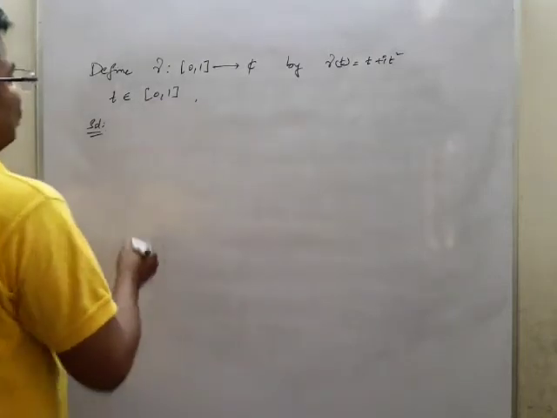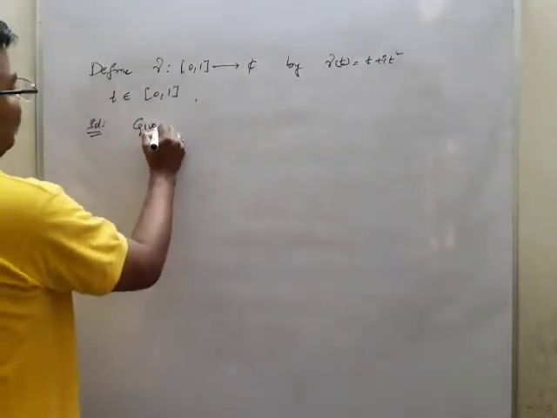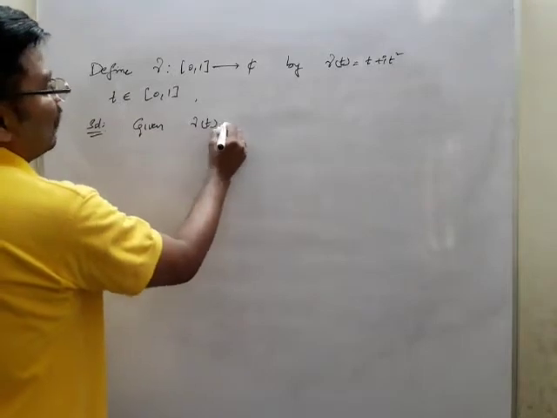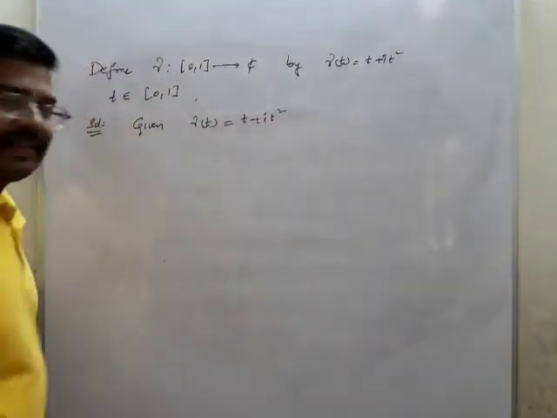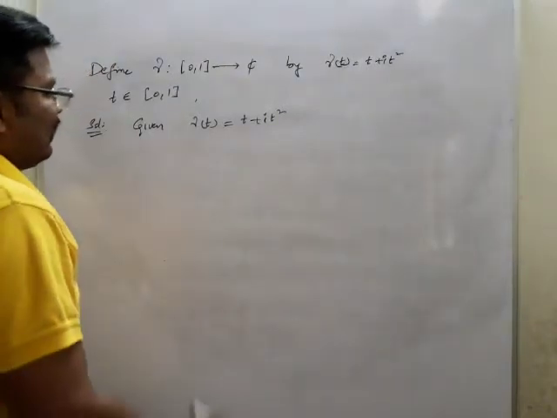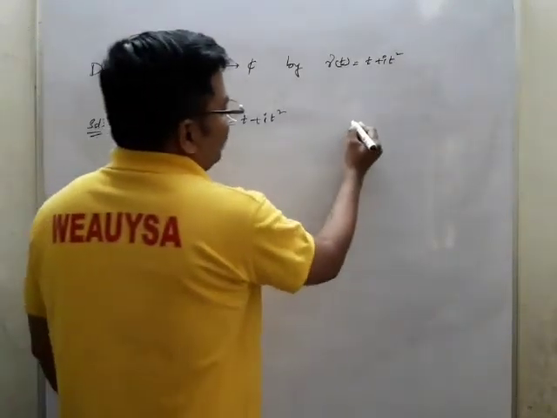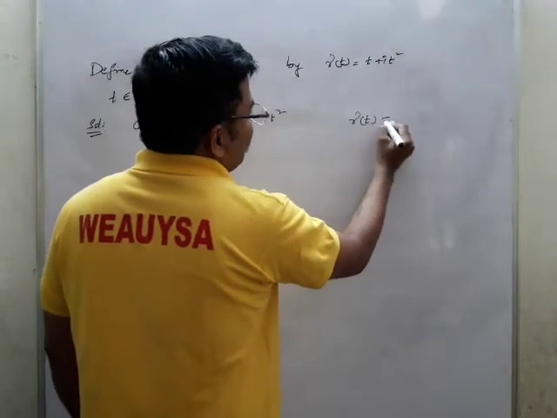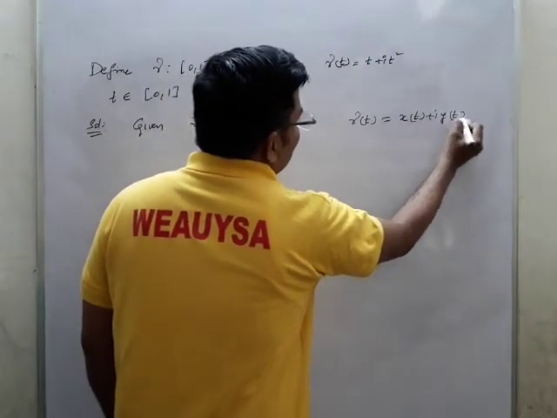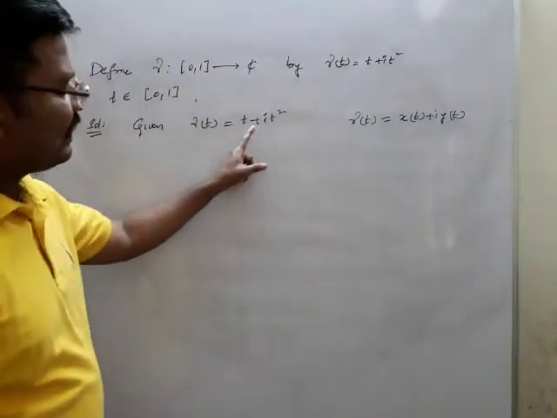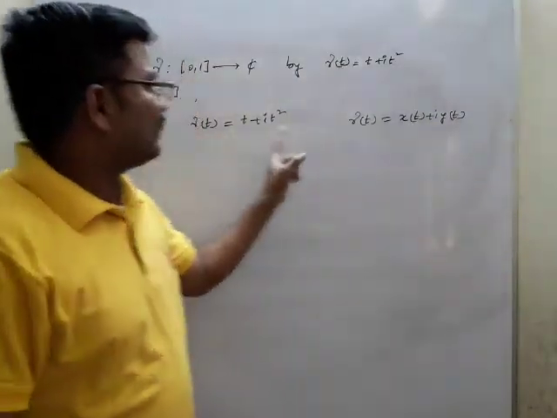Okay, so given gamma of t is equal to t plus i t square. You have to compare with gamma of t is equal to x of t plus i y of t. So in the place of x of t there is a t, in the place of y of t there is a t square.